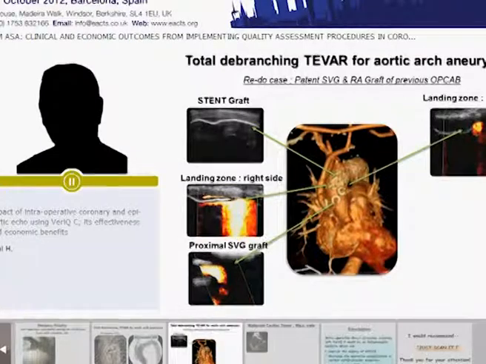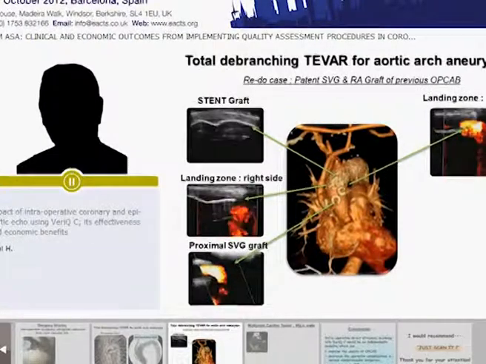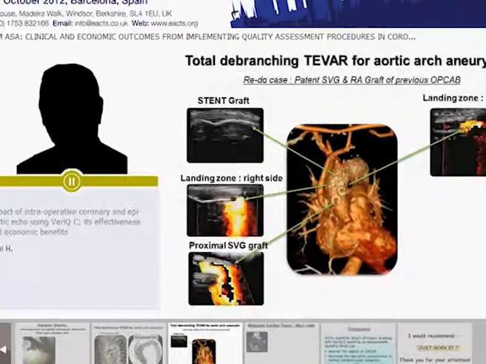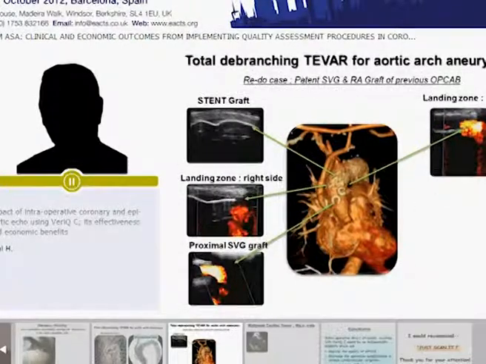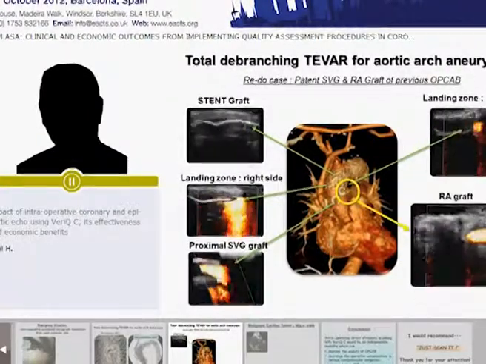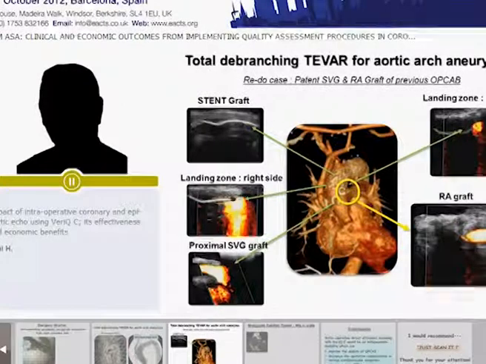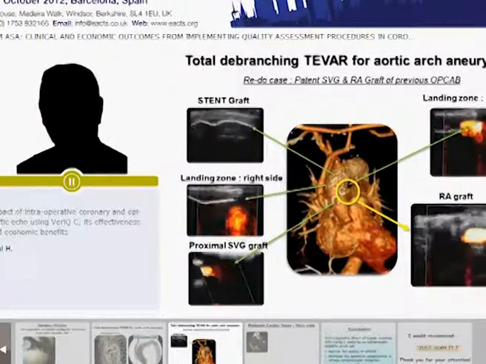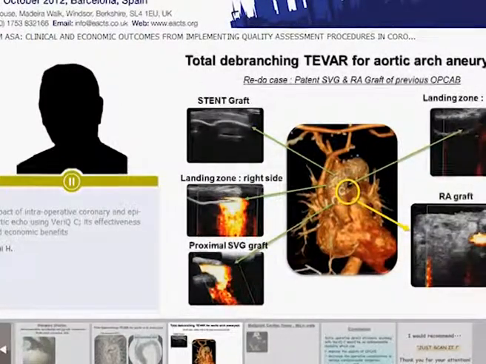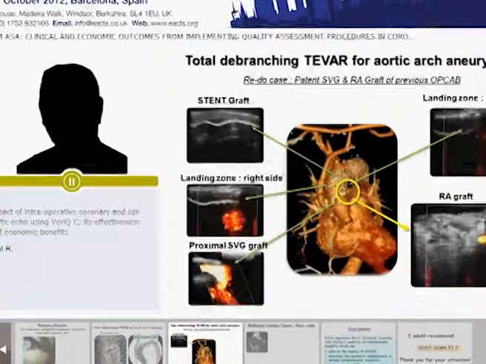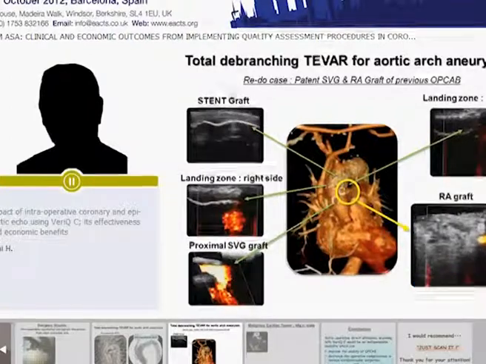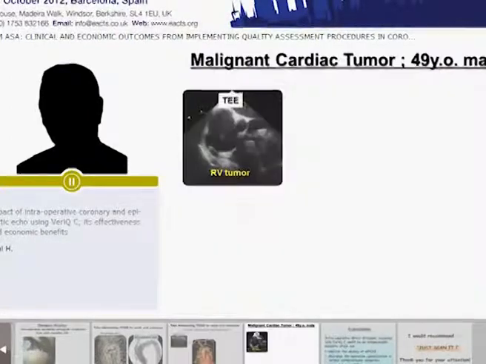Then for the minor curvature side, there is a little bit of space between the aorta and the stent. And then finally, I found the patent radial artery graft. So there was no necessity to revise the radial artery graft during the operation. The patient was okay.